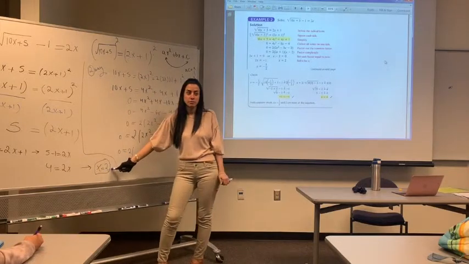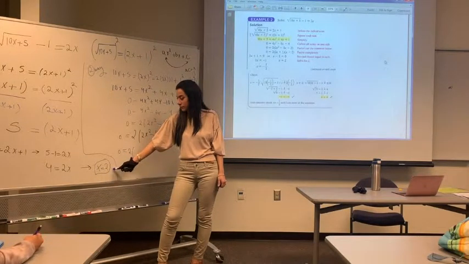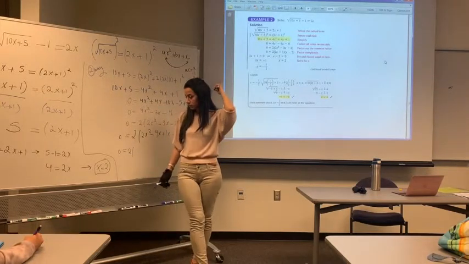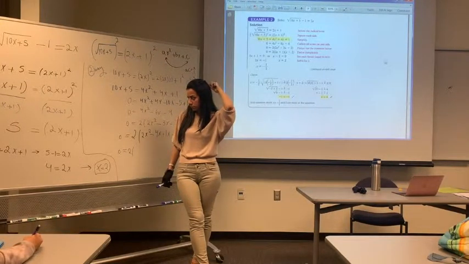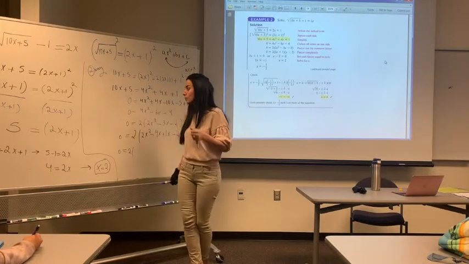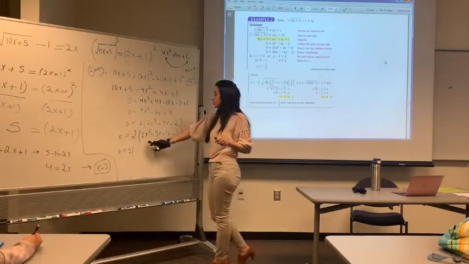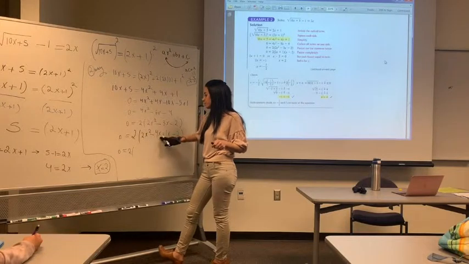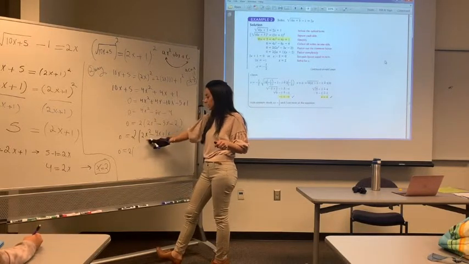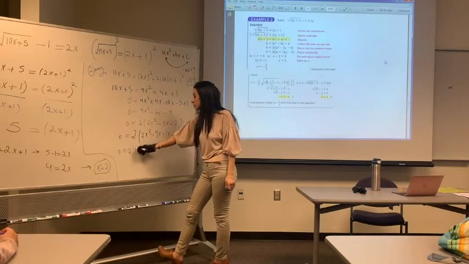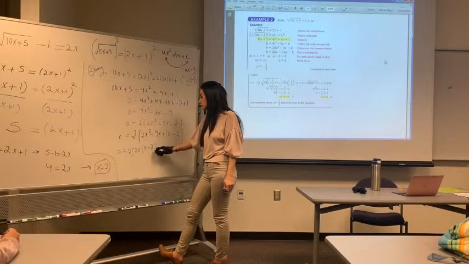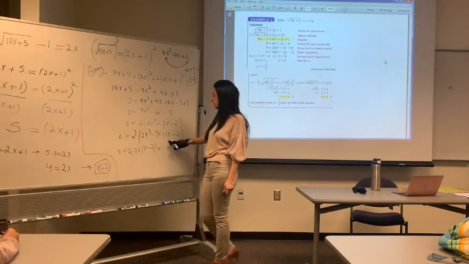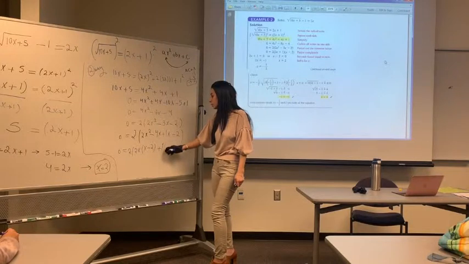X is equal to, no, what is that? I don't know, I did something wrong. But let's do this. This is a group, right? What is common between these two? 2x. 2x multiplied by x minus 2 plus, and then here we don't have anything common. 1 is coming out.